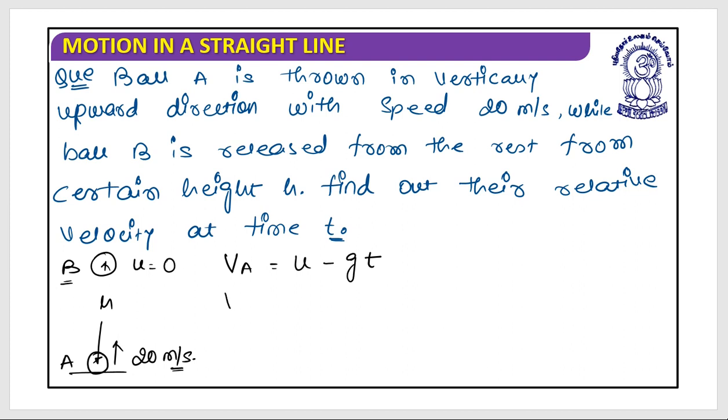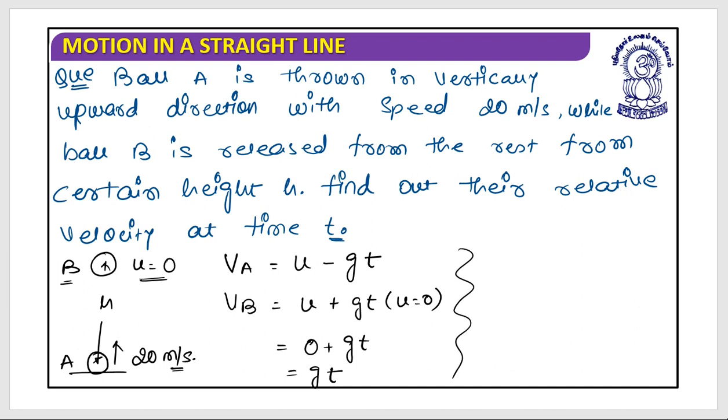Now VB, what I can write is u plus gt, but as they mention u is equal to 0, this is 0 plus gt, which means only gt. Now I need to find out the relative velocity of these two objects. As these two are moving in opposite direction, shall I add their velocity or shall I subtract it?